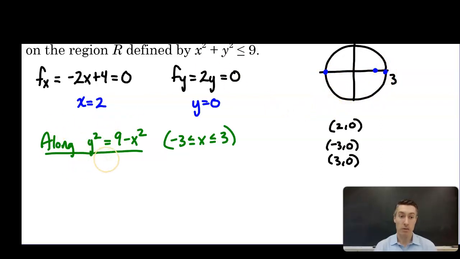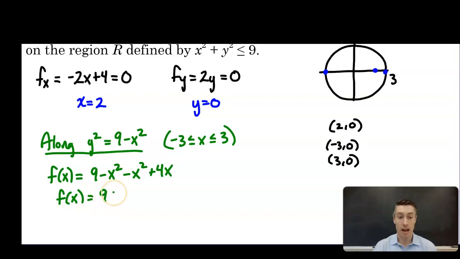Now, going back to this more creative approach where we're just saying y squared equals 9 minus x squared, that means the function in terms of x is 9 minus x squared minus x squared plus 4x. f of x equals 9 plus 4x minus 2x squared. Take the derivative with respect to x, we get 4 minus 4x equals 0.